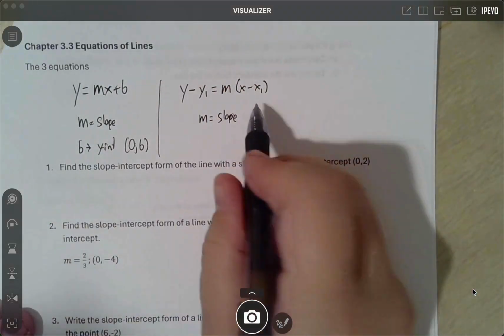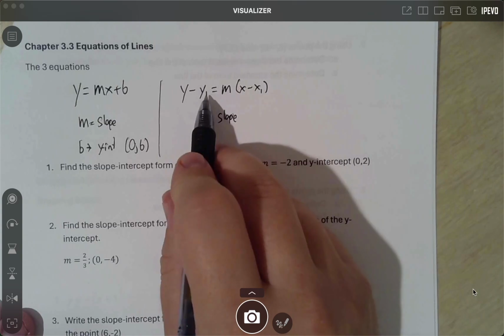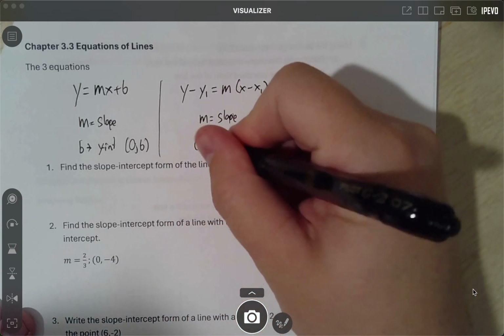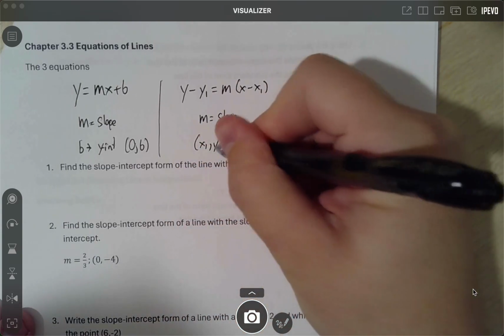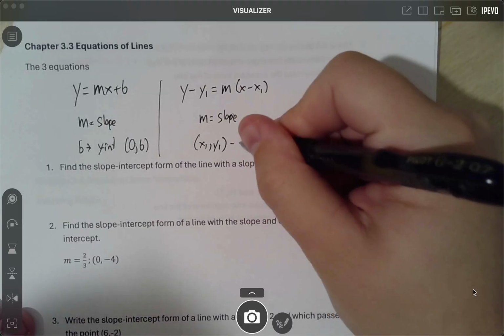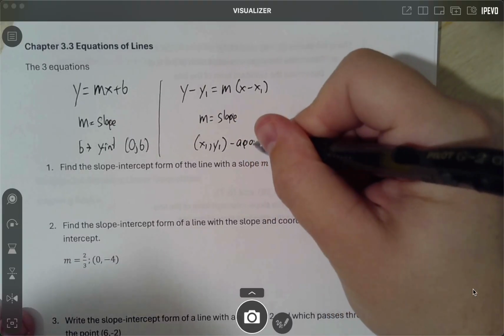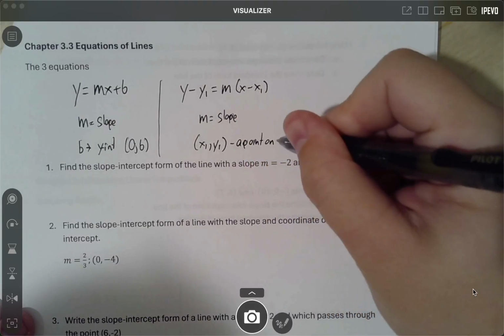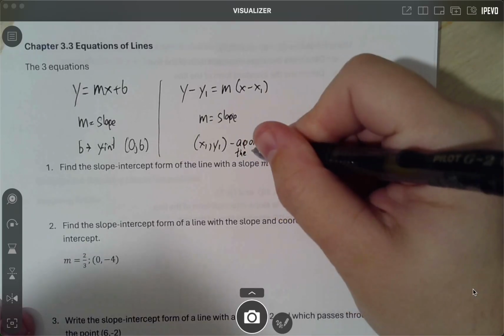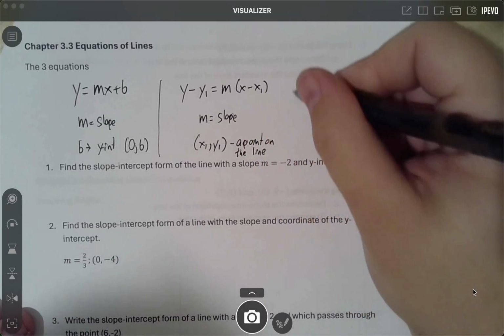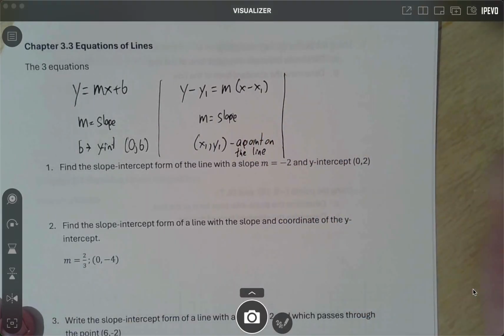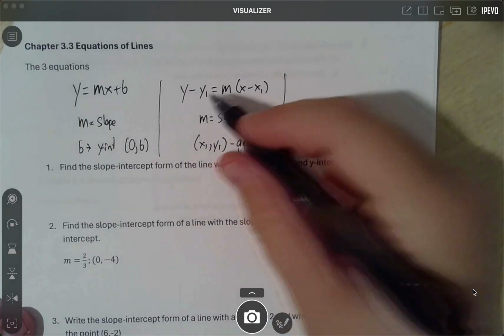But I also notice that there's an x sub 1 and a y sub 1. I've seen that before. That's just going to be a point on the line. We could almost say any point on the line, but they'll give us 1, hence the sub 1.